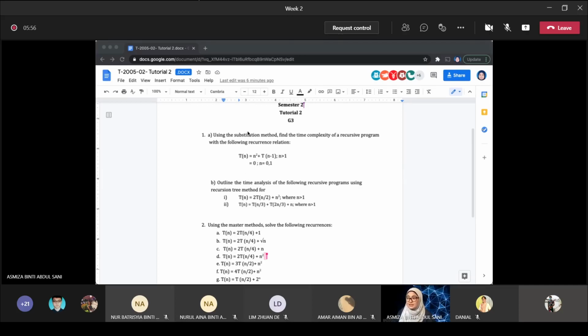But in this case, we put it as 0, and n can be either 0 or 1. Since n is more than 1, we can say that it stops at 1.